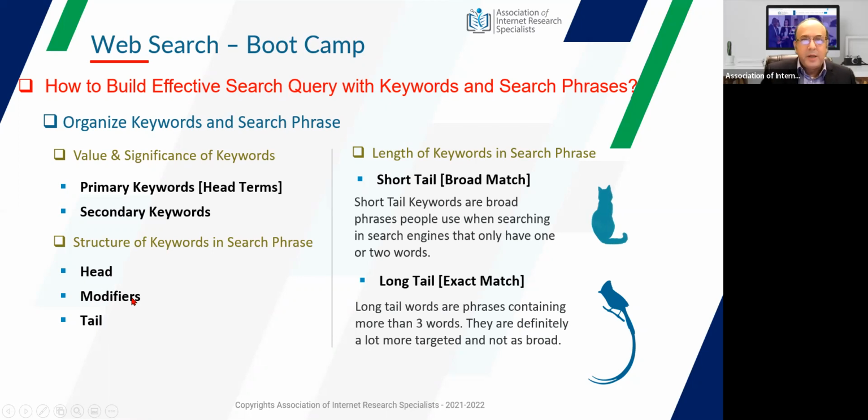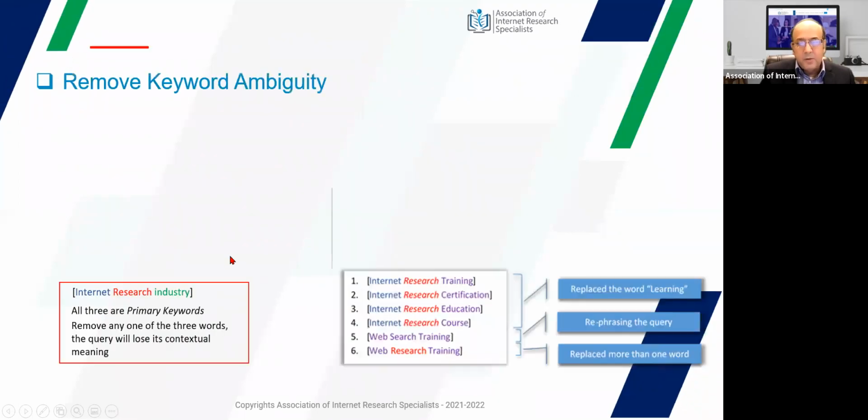So if you're delegating this search to whoever is doing it for you, you're making sure that you are able to give instructions in a way that it is understood, like which of the words would be considered head, meaning words that cannot be changed, modifiers that can be changed, and tail could be contextual words or added words, and so on. So this is why we are going to learn about all of these, and then what is a short tail query, what is a long tail. So the concepts need to be understood, and we're going to start with the primary keywords to know what they mean.